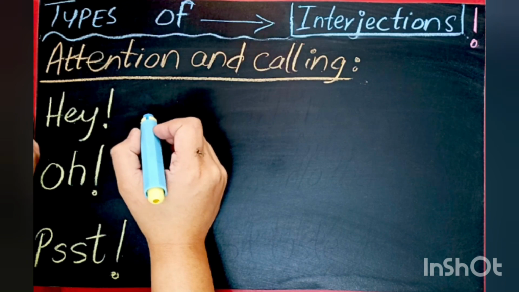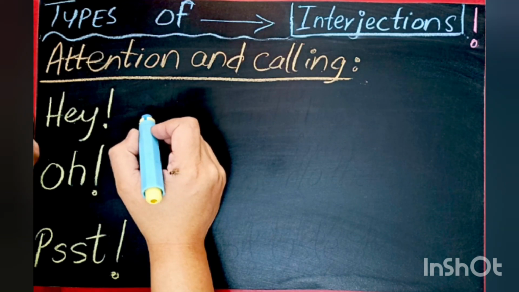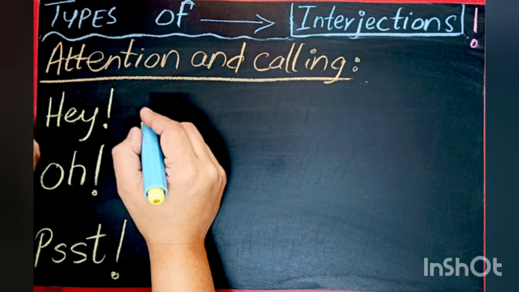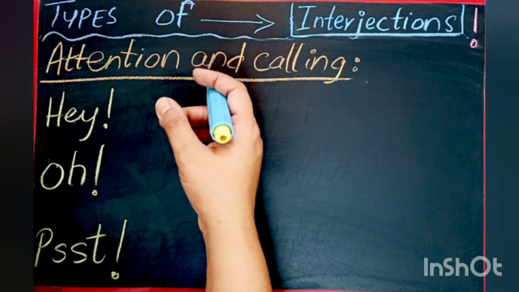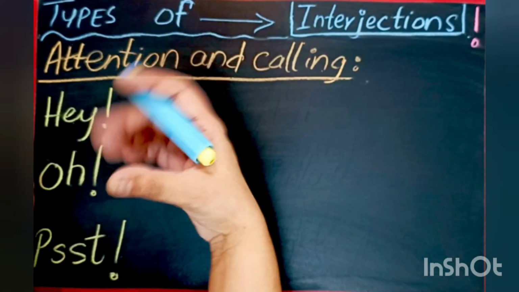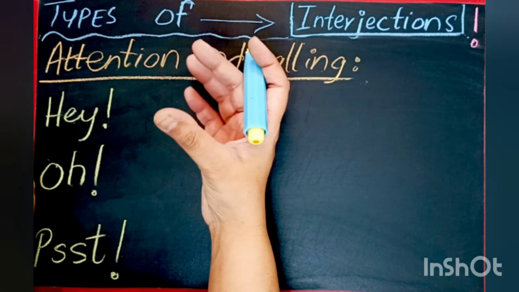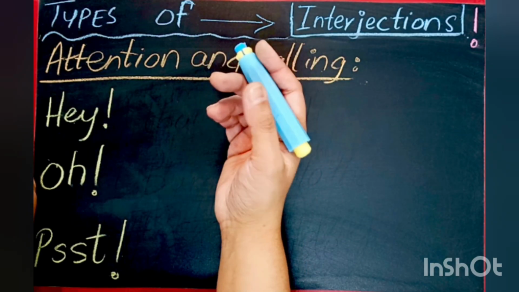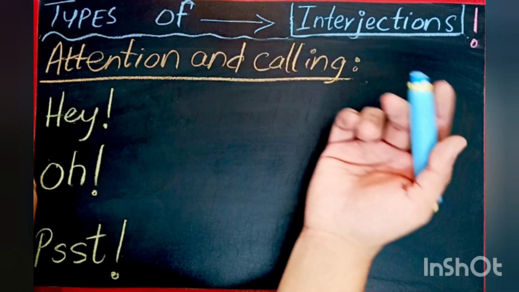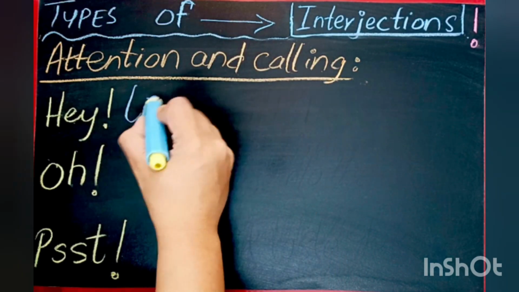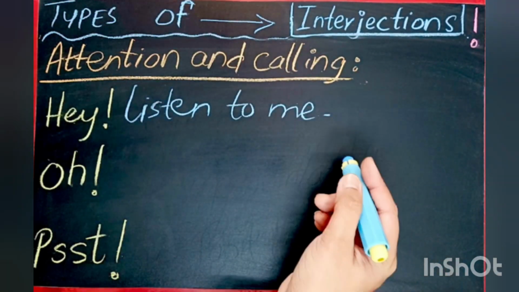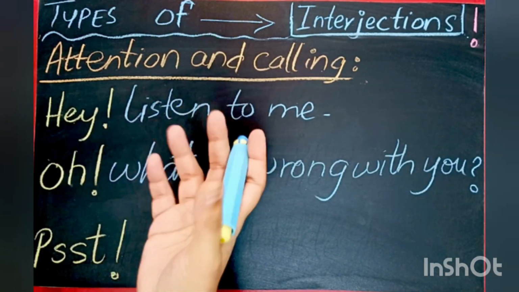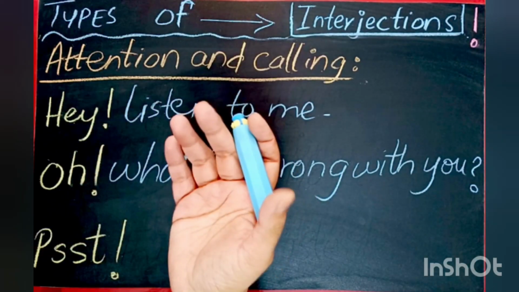We often say hey to get the attention of someone or to call someone, like hey, listen to me. O is often used when we call someone, okay?